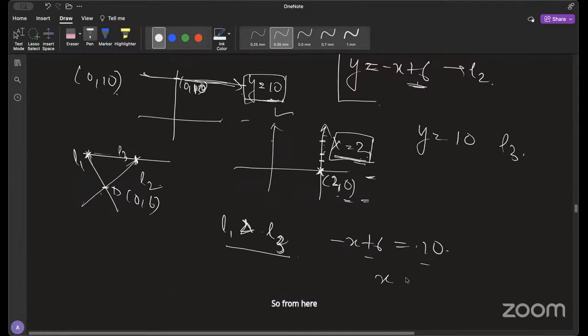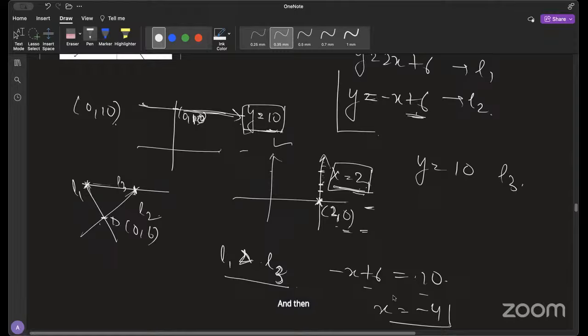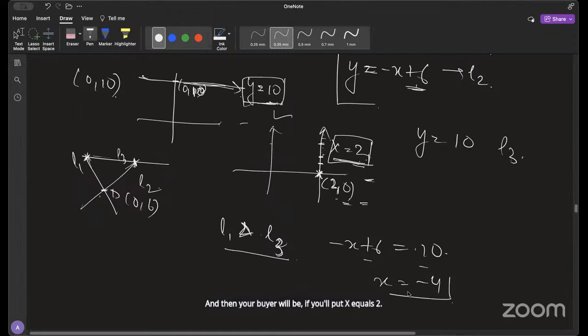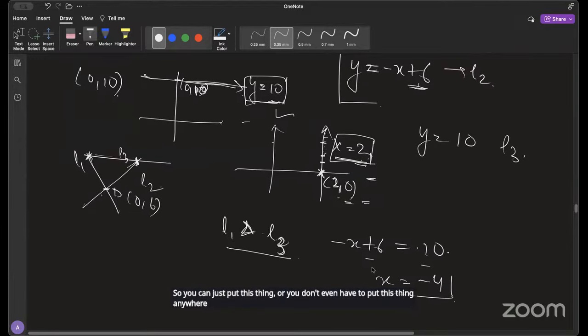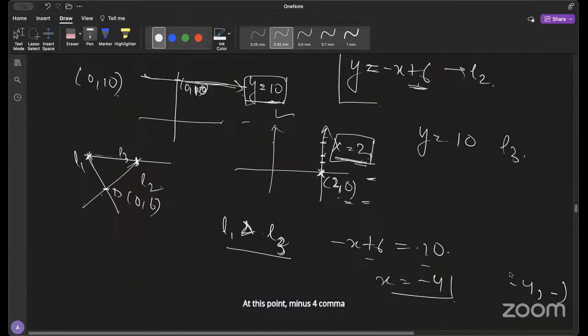So from here you will have x equals 6 minus 10, which is minus 4, right? And then your y will be, because you know that the point that you're looking for, the intersection of L1 and L3, lies on both L1 and L3. So you don't even have to put this anywhere, because you know that this point is minus 4 comma something. Yes, ma'am, that would be minus 4 comma 10, na? Yeah, that was what I was going to say.